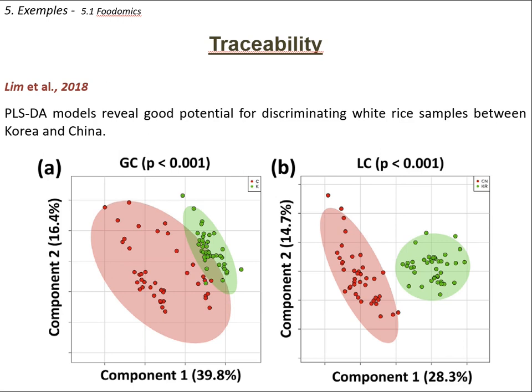The first component expresses on the left 39.8% of the total data variance, and on the right graph, it's 28.3%. So the origin of the rice represents roughly one-third, at least one-third of the global variance, the global differences at the metabolic level here between the rice.